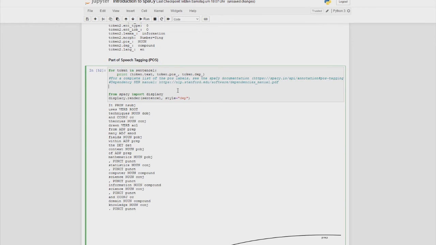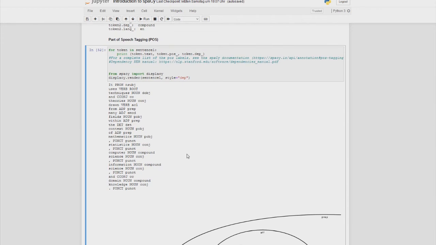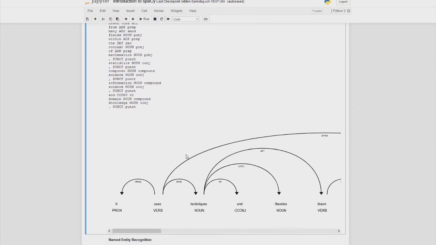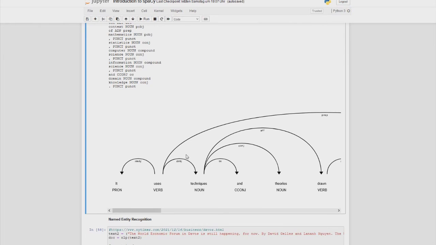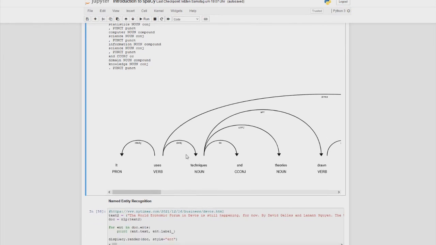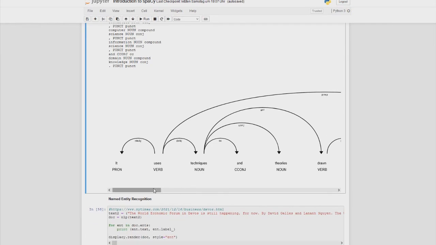And one of these application fields would be to predict the part-of-speech tags, or mine syntactic dependencies or named entities. The prediction of part-of-speech tags is quite straightforward. The idea here is that the statistical model can predict what part of a sentence, for example the verb, each token is.